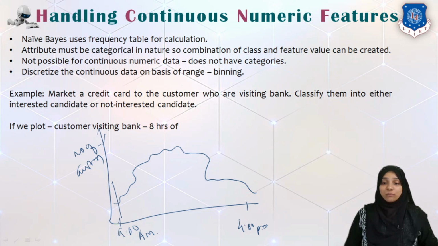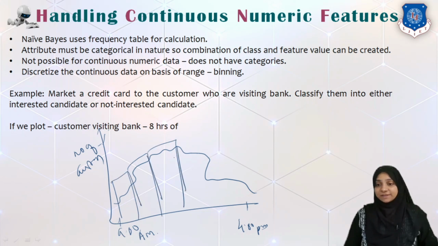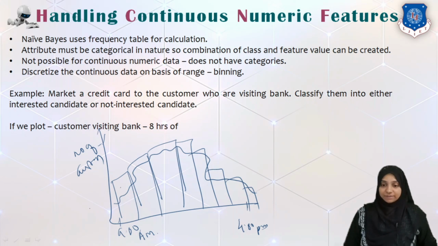So what do we do? We perform something called binning. Binning is nothing but dividing your time into different windows and calculating the number of occurrences in that time. So from 9 to 11 a.m., how many customers are there?